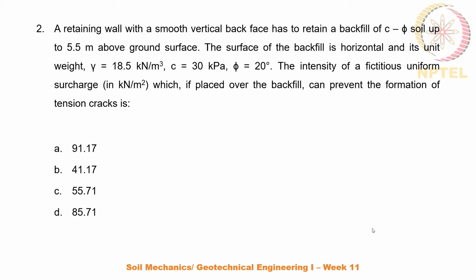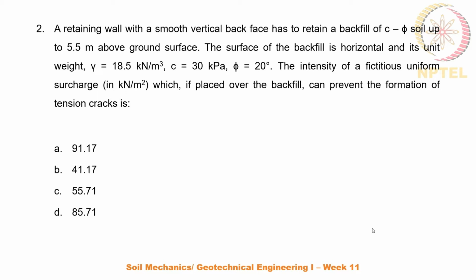A retaining wall with smooth vertical back face has to retain a backfill of c-phi soil up to 5.5 meters above ground surface. The surface of the backfill is horizontal and its unit weight is equal to 18.5 kilonewton per meter cube.